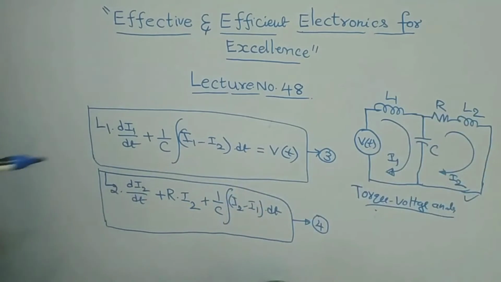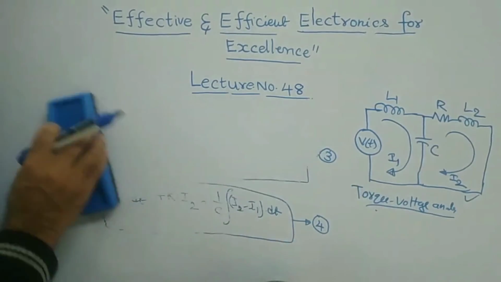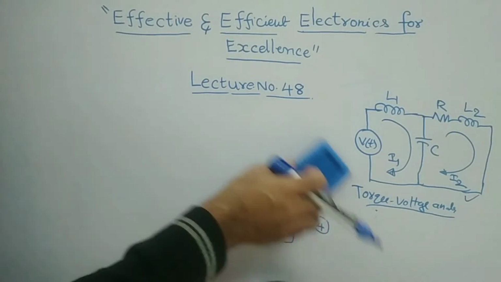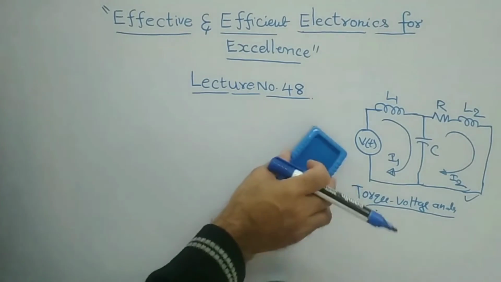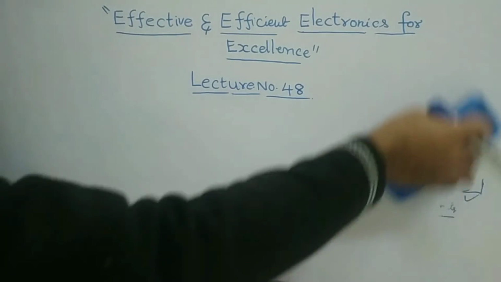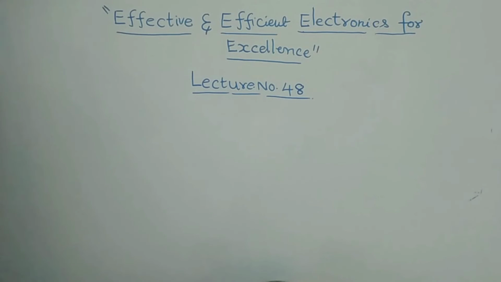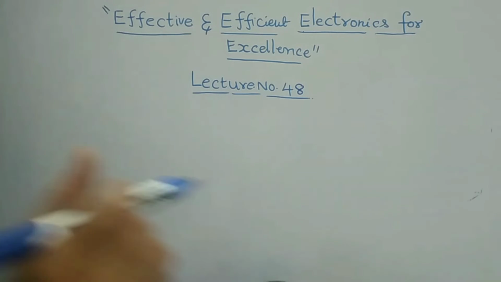Clear? Now, I will explain the torque current analogy. The torque current analogy is exactly similar to the procedure we followed in the previous slide for the mechanical translational system. For your quick reference, I can rewrite those two expressions.